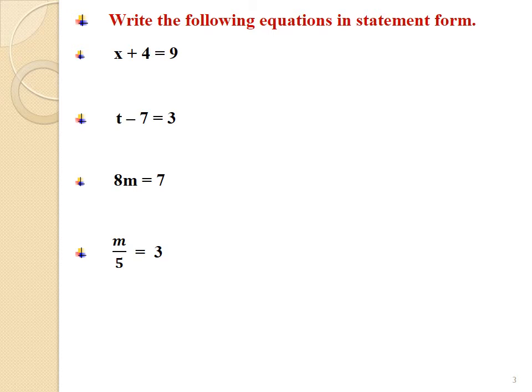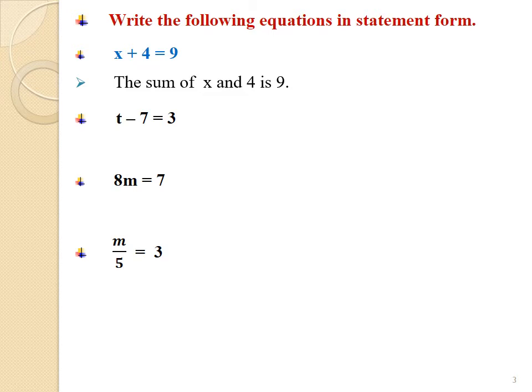Sum number 1. X plus 4 equals to 9. Students, in this equation, plus sign is given. So, we have to write the word sum. So, now let us write the statement for this equation using the word sum. Thus, the statement for this equation is sum of x and 4 is 9.